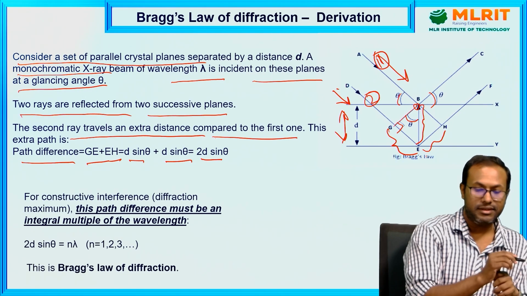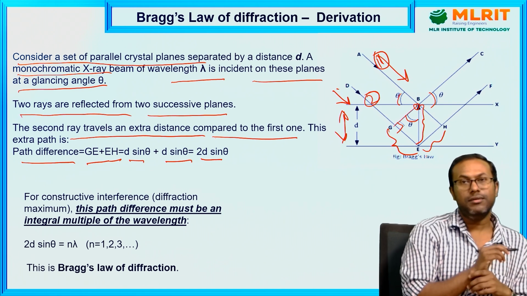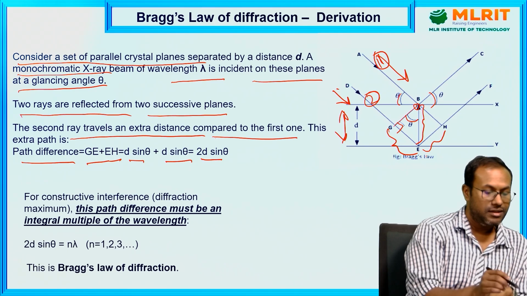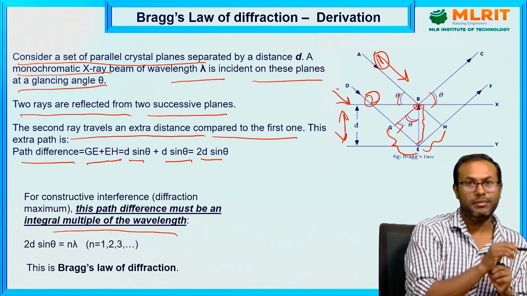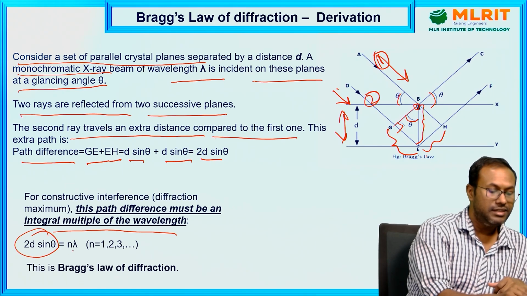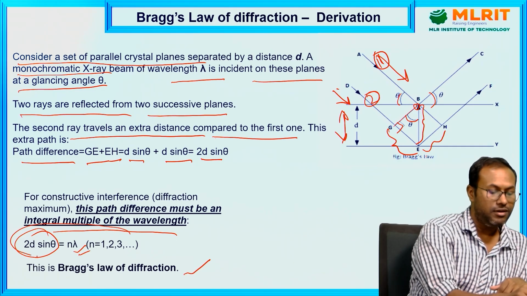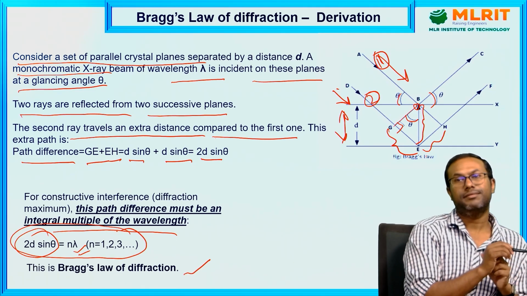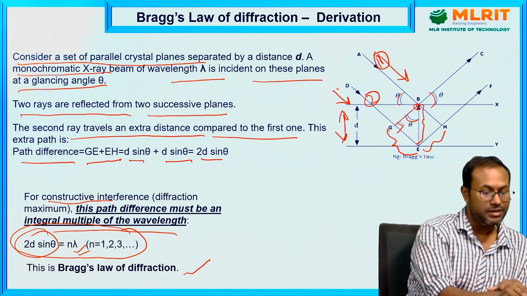Okay, so the condition for constructive interference is that the path difference must be equal to integer multiples of the wavelength. So 2D sin theta, the path difference, is an integer multiple of the wavelength. So 2D sin theta equals n lambda. This is the mathematical expression for Bragg's law of diffraction, and this is for constructive interference only.